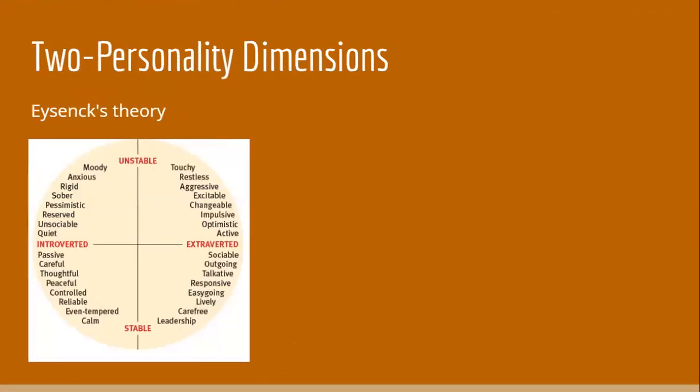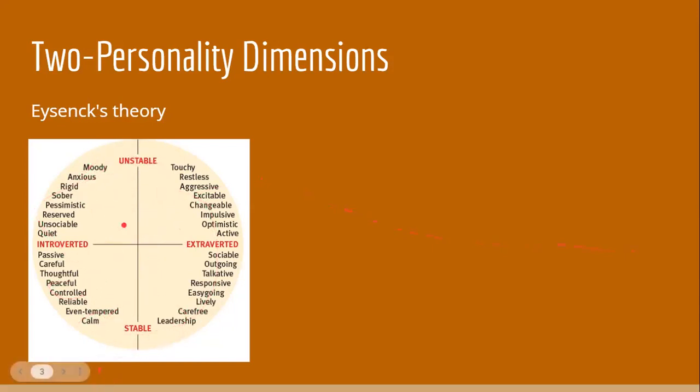And one of the trait theorists was named Eysenck. Well, there were two Eysencks, but you just need to know that they thought, basically, what's in this graph here, that we can be introverted or extroverted. That doesn't really matter, but we need to make sure that we're stable and not unstable.